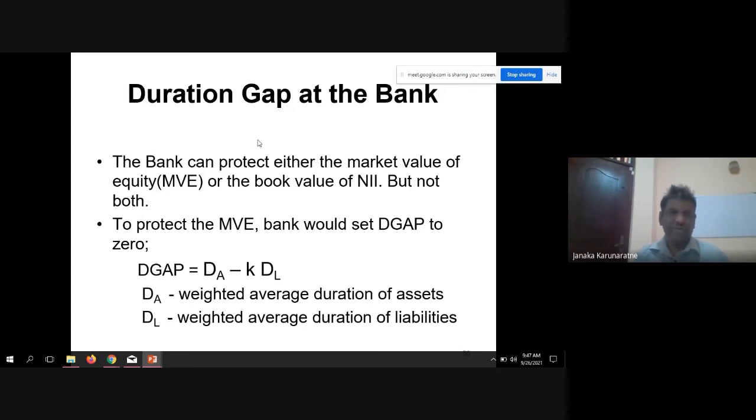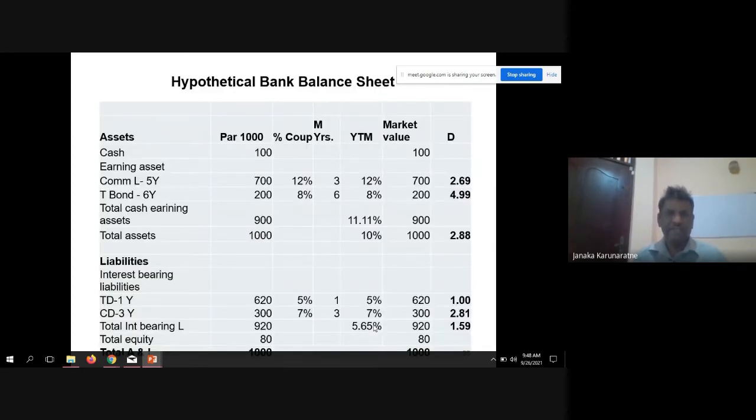To follow the market value change of equity, the bank should set the D gap to 0, that is DA minus KDL 0. That is ideal. But as I said, you must minimize D gap. DA is the weighted average duration of assets. DL is the weighted average duration of liabilities. Right?